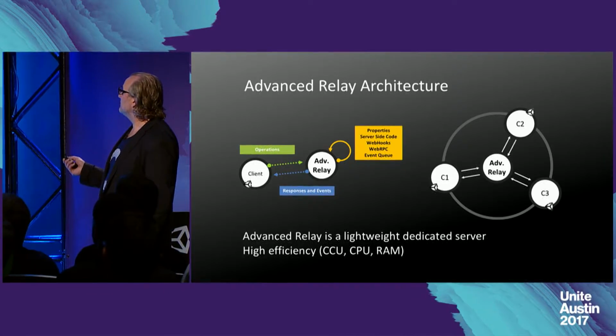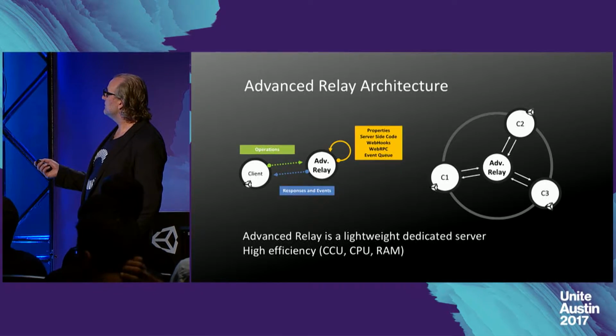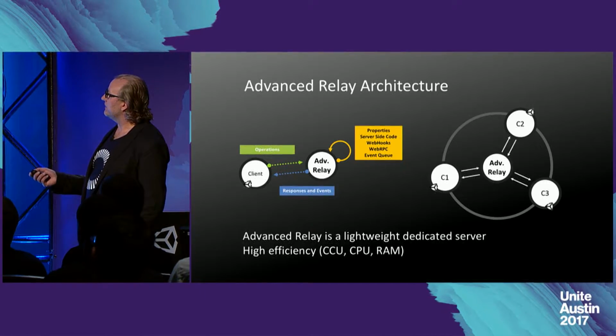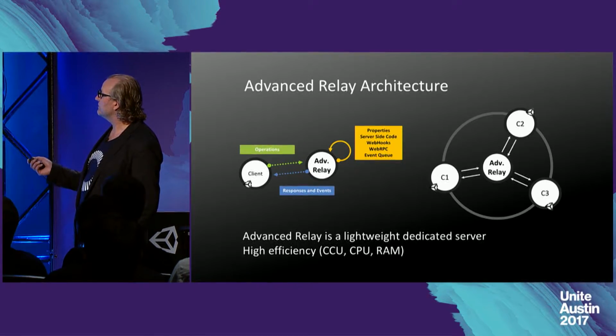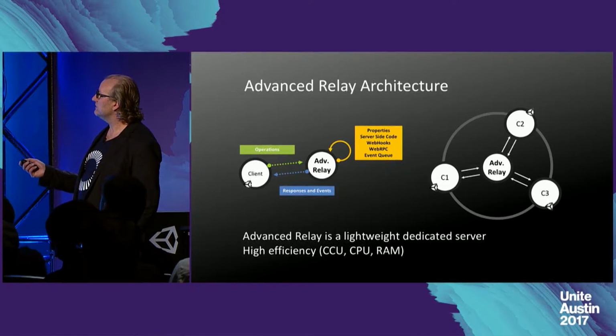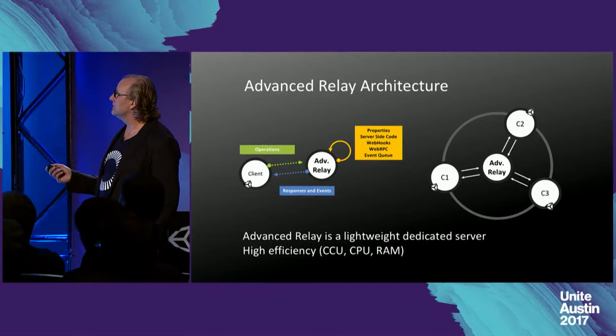Same sample, 3 players, relay room in the middle. The client is sending stuff to the relay, which is sending around stuff, but the room can store properties and execute authoritative code.